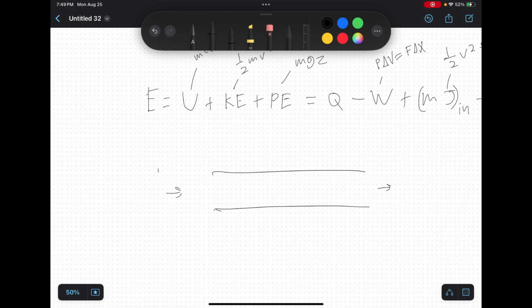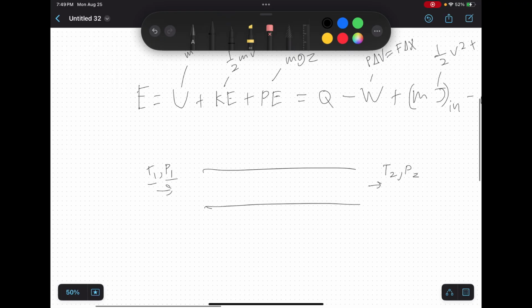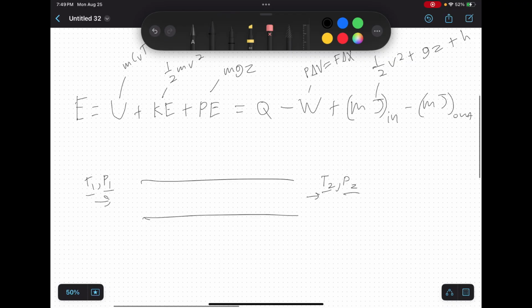It's entering at T1, P1, and it's leaving at T2, P2. Let's assume you know T1, you know P1, and you know P2, and you're asked to solve for T2.